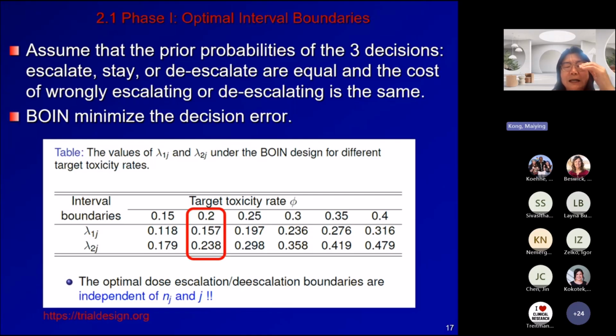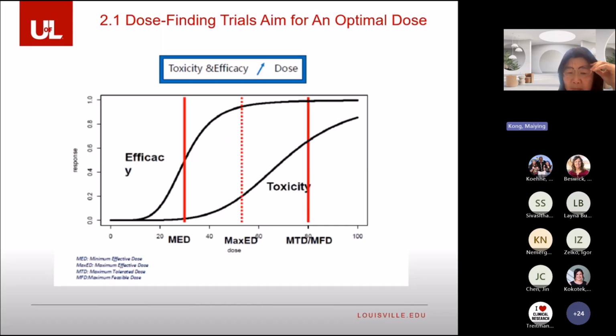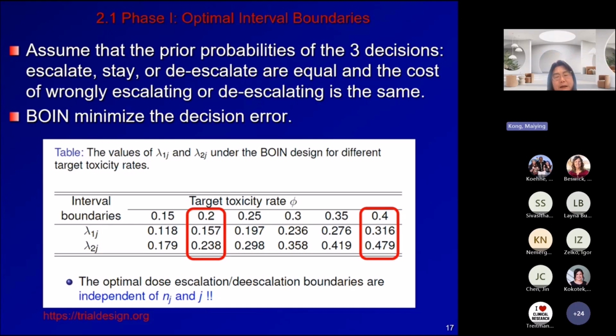The algorithm has a lower limit and an upper limit, and then we can eventually find the maximum tolerated dose for different numbers of patients at each dose level. So that's more advanced than the 3+3 design. In my recent collaboration with the Brain Cancer Center, I recommend using the BOIN design.